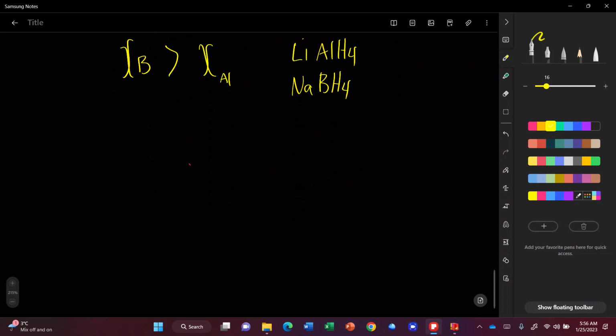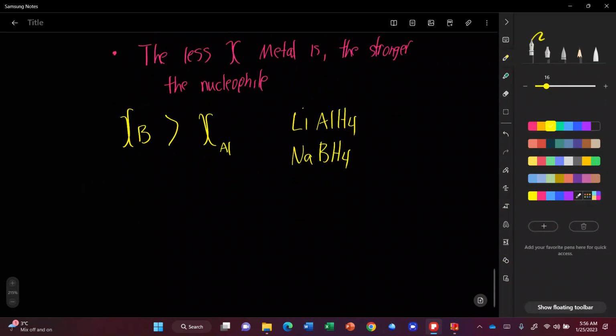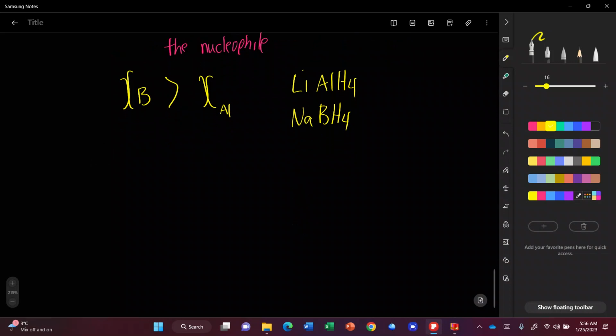It's also why, you guys have seen reactions where you've used a Grignard before. Grignards are one example of this carbon-based nucleophile. Grignards are not as strong as another class of molecules called alkyl lithiums.